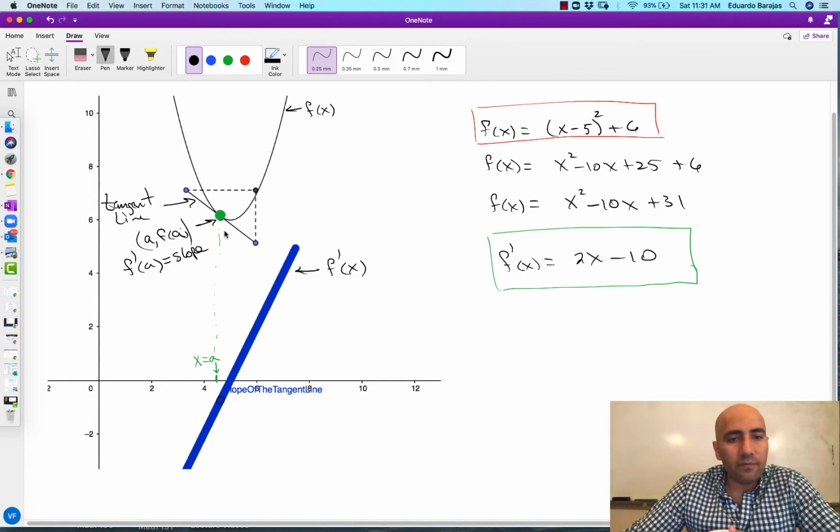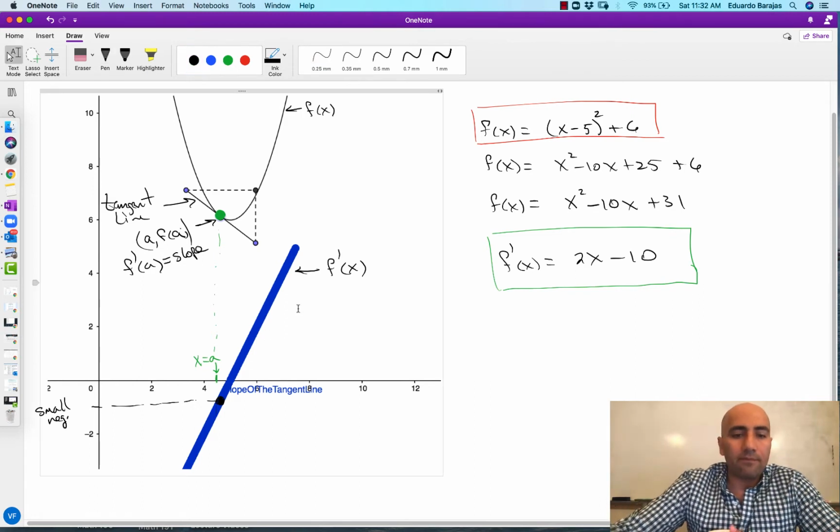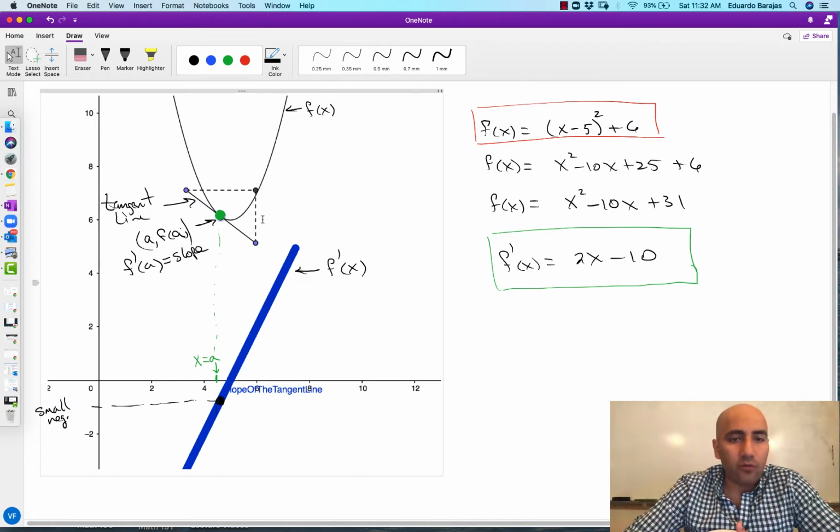And we can see just from the picture that it's going to be some sort of a small negative, and that translates to this point here. It's a small negative value, because it is this value, whatever this is. Okay, so it's a small negative because this point looks, from the picture, like a small negative. Good.